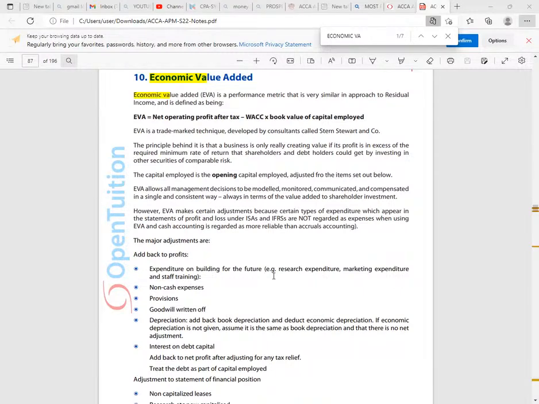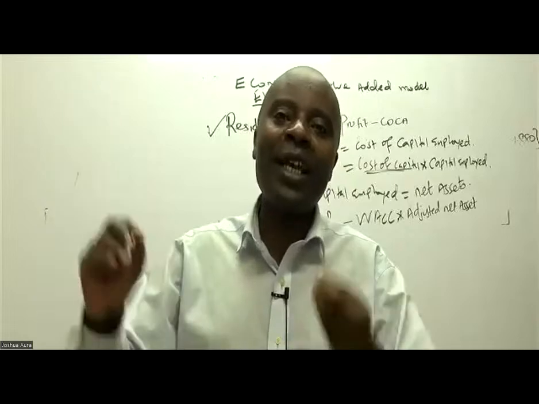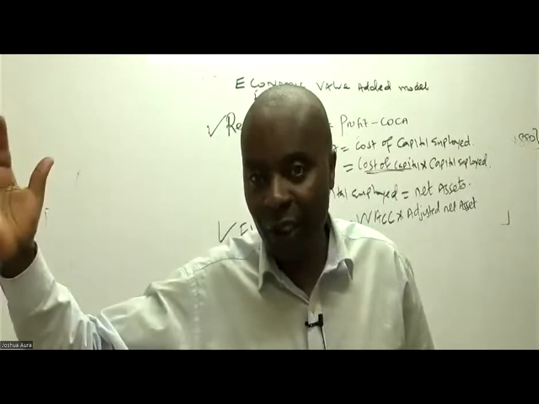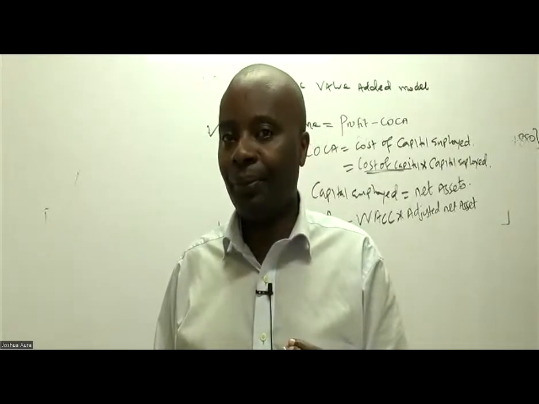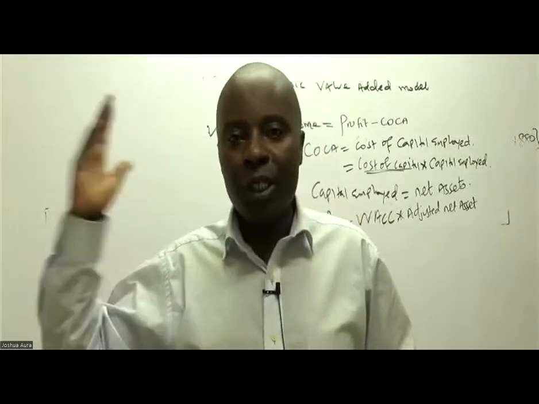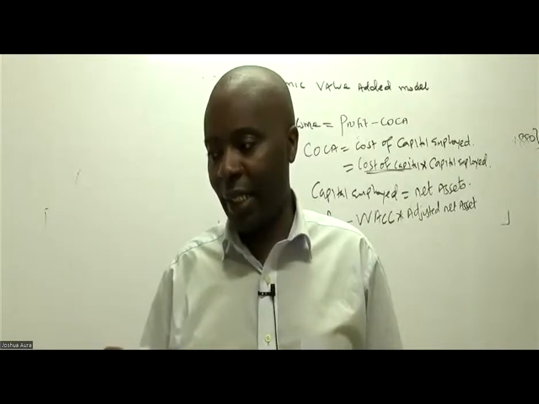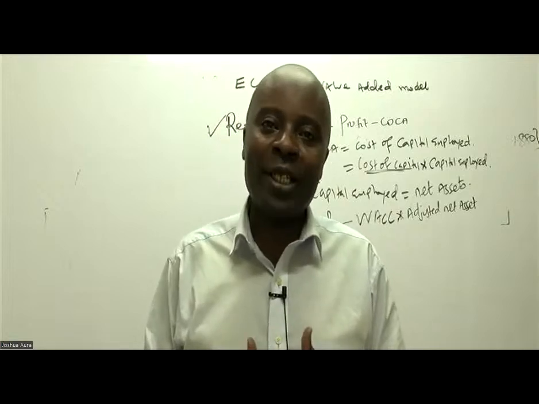Those expenses, ladies and gentlemen, should never, ever be expensed. What we are told is that whenever you incur an expenditure that has got future economic benefits, remove it from the income statement, take it to the balance sheet as an intangible asset. Why? Because remember, by definition, what is an asset?